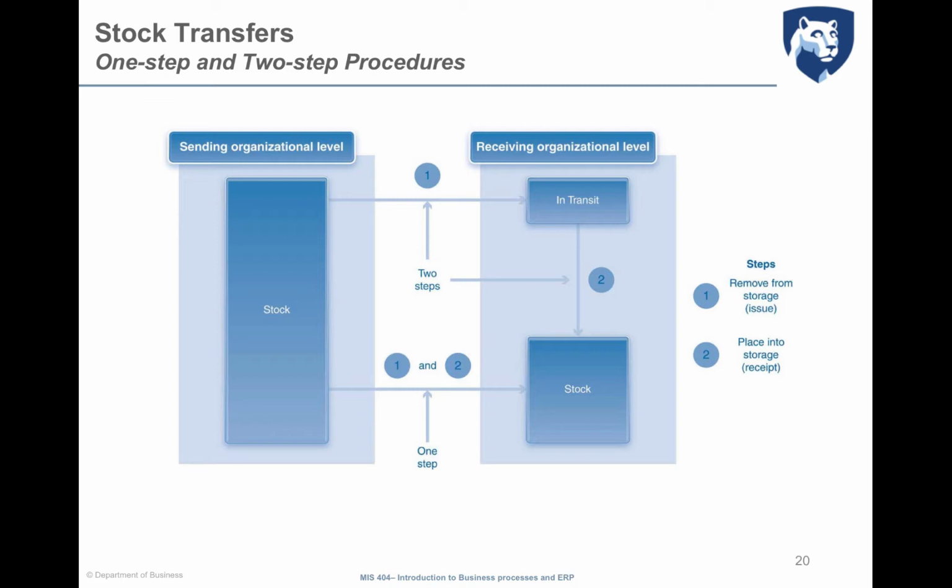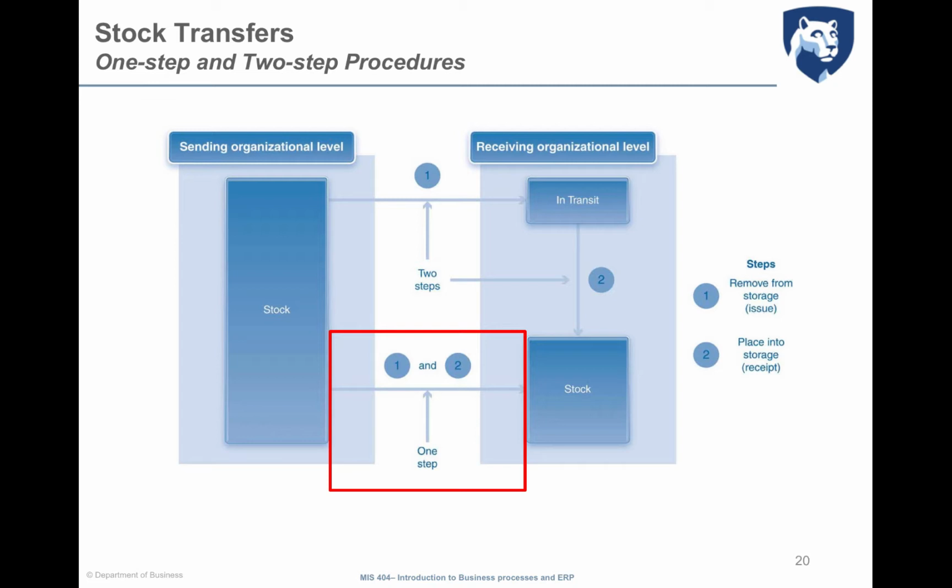In the one-step procedure, as the name suggests, both tasks are accomplished in a single step. From a system perspective, a decreased quantity at the supply location and an increased quantity at the receiving location are recorded in the system simultaneously. This strategy is appropriate when the two locations are physically close to each other, so there is no significant time lag between issue and receipt and no need to separate these two activities.